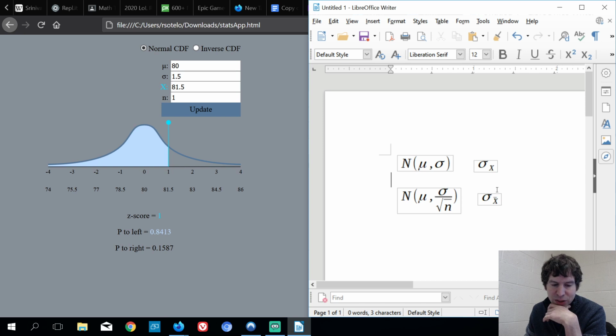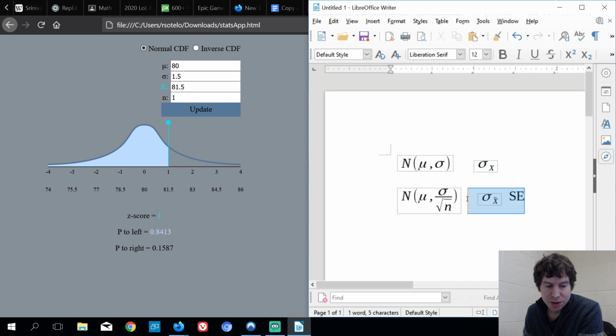So it's not an individual value, it's the average value. So it's the standard deviation of sample means, they'll call it. They also have a name for it called the standard error, which I usually write SE. So the standard error is the population standard deviation divided by the square root of whatever your sample size is.